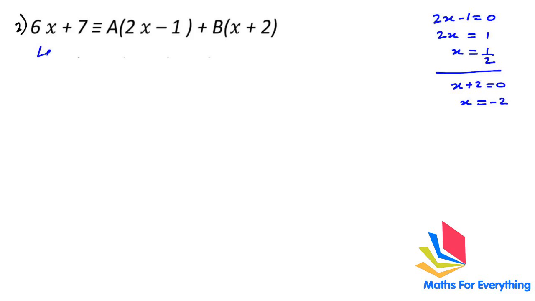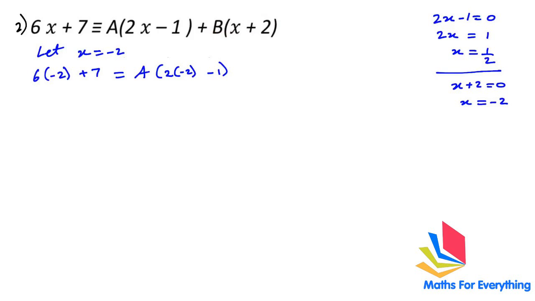So let x equal negative 2. In place of x, we are going to substitute negative 2. So 2 multiplied by negative 2. Remember to put your brackets correctly. Negative 2 plus 2 is 0, so 0 multiplied by B is 0.